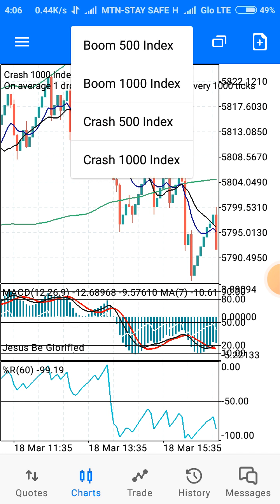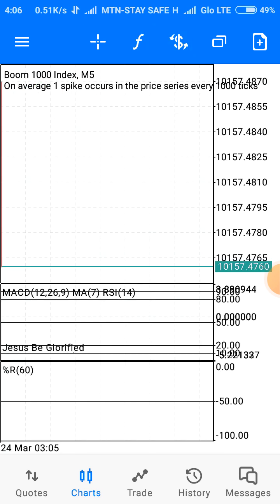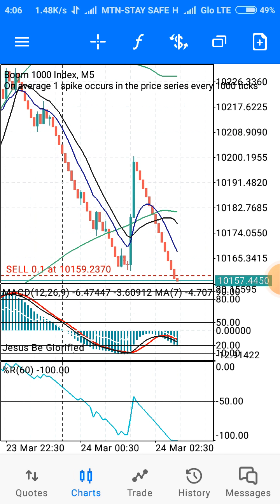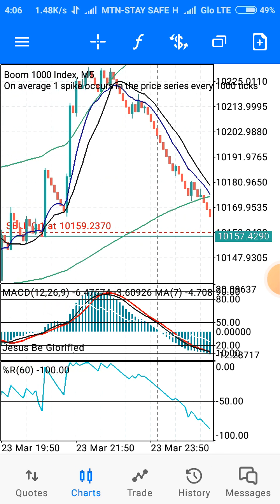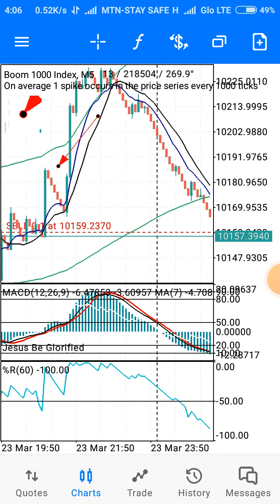And of course, the opposite is for boom. The opposite is for boom. You can see it. This is boom 1000. You can see this. Alright.